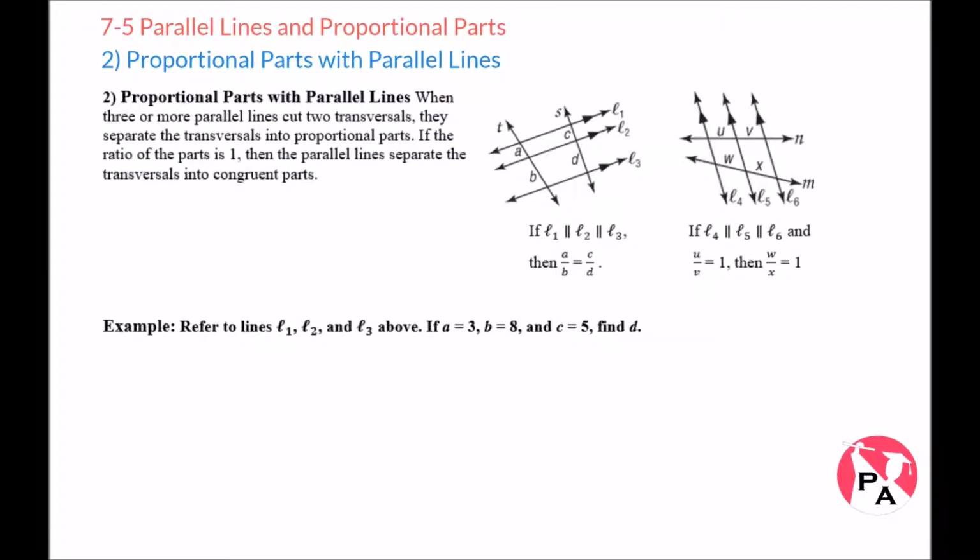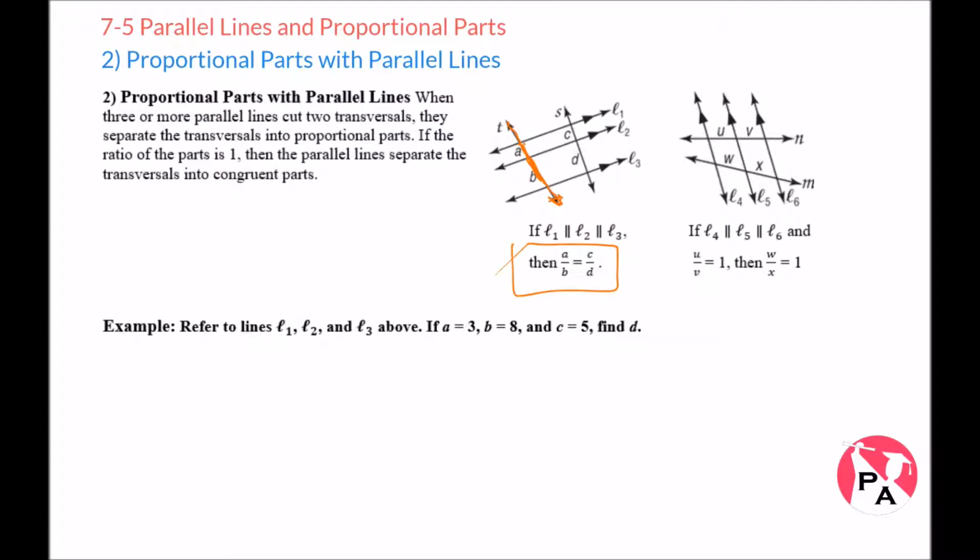So there's not only one way to write down a proportion for these kinds of figures. The one that is given is a over b equals c over d. So a over b, choose one segment or line, and then write down the parts of that segment together.